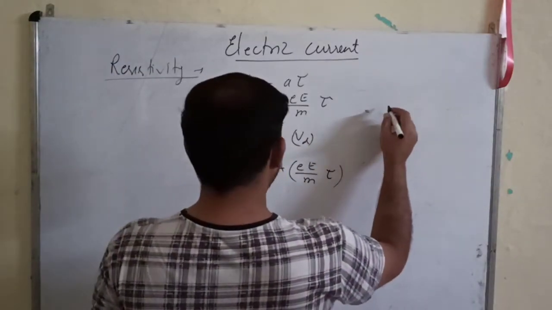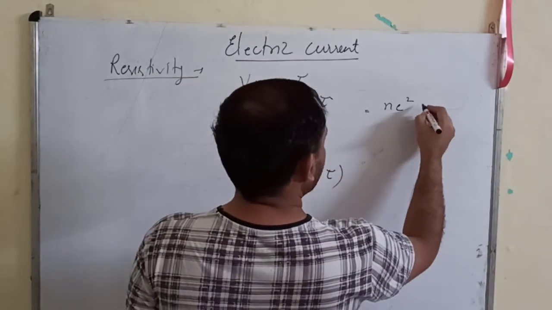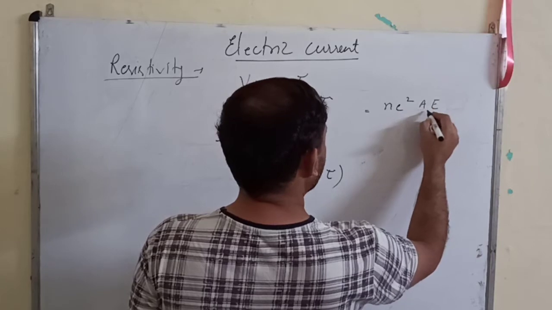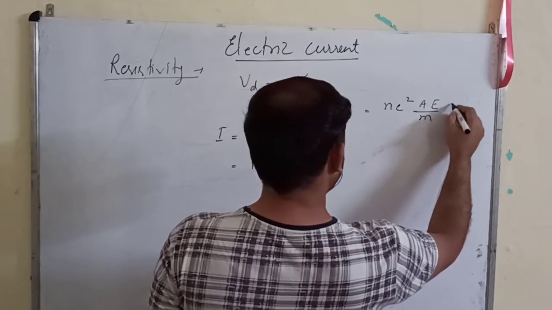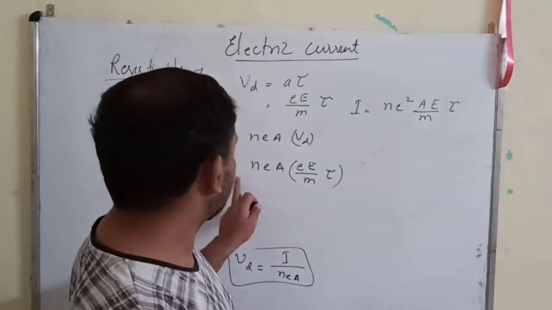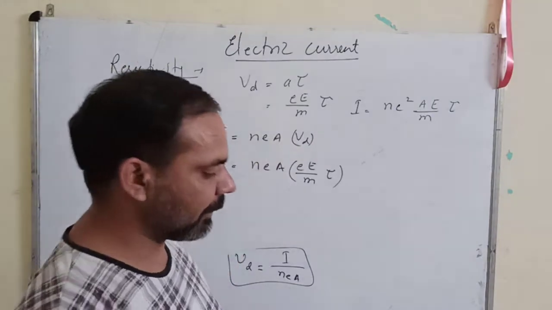So this will be N E square A E upon M into tau. This becomes the expression for current if you replace Vd by this formula.